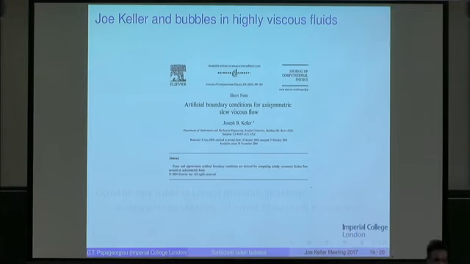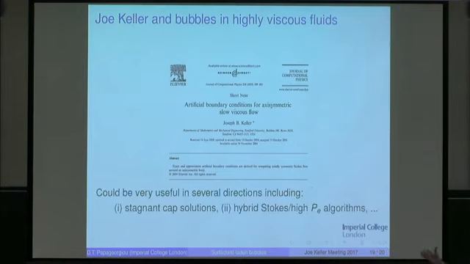Now, you may say, okay, well, there's no point doing that because we have an exact solution anyway, but it could be quite relevant, I'm pretty sure it's very relevant to both stagnant cap type solutions, where you've got a mixed boundary condition of one piece being solid, the other one not, and also hybrid type algorithms with high Keller numbers. So thank you, and I'll stop there.